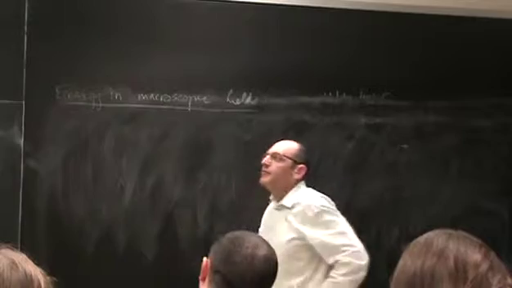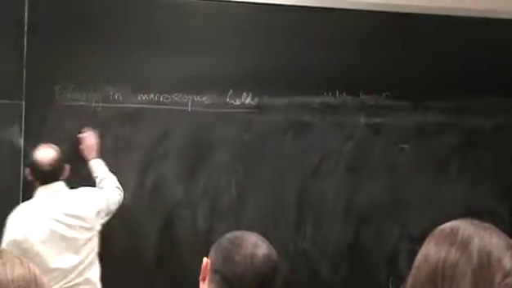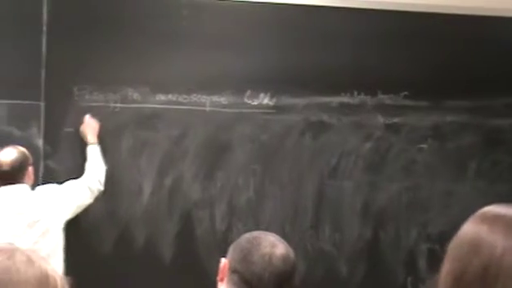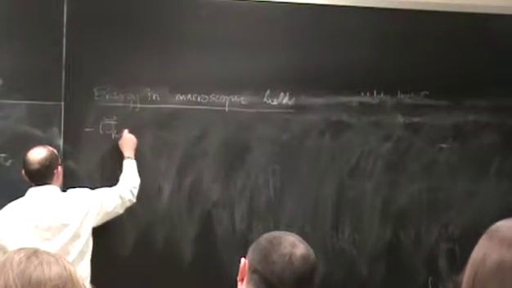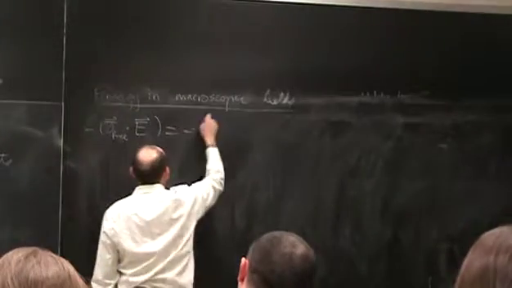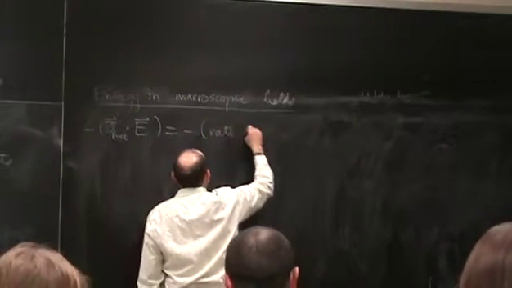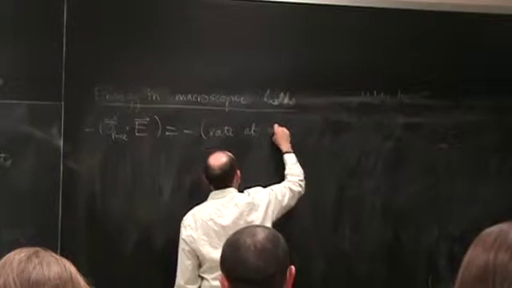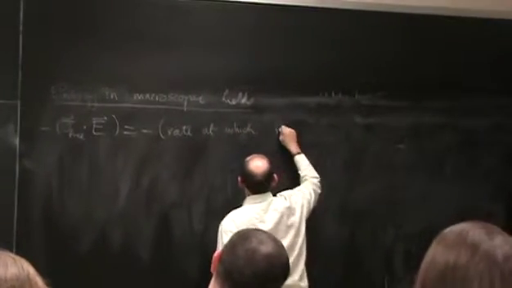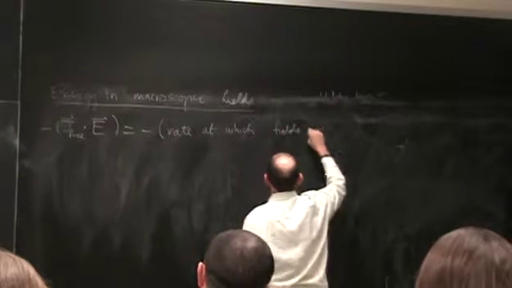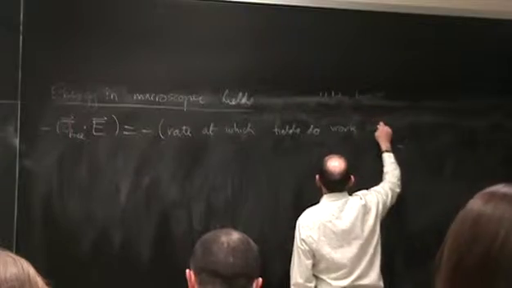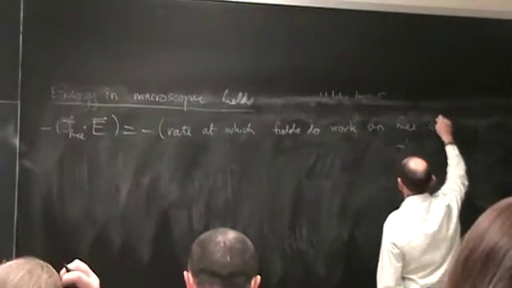So, let's begin by recalling: minus J free dotted into the electric field is equal to minus the rate at which fields do work on free charges.